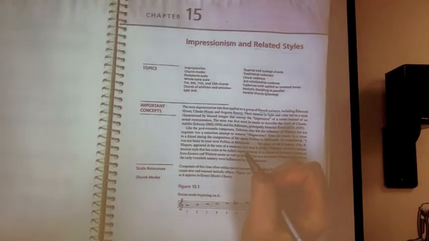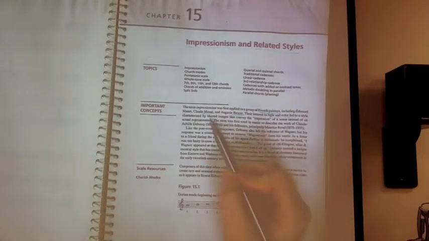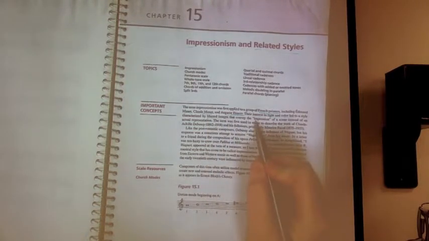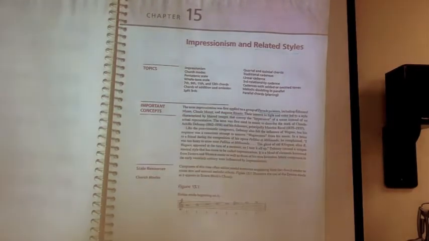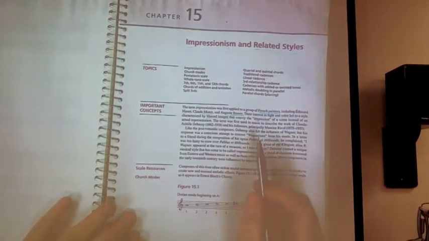All of them are Impressionist painters. Their interest in light and color led to a style characterized by blurred images that convey the impression of a scene. So it's all about giving the atmosphere of a scene rather than a perfect picture of a mother and child or something like that.